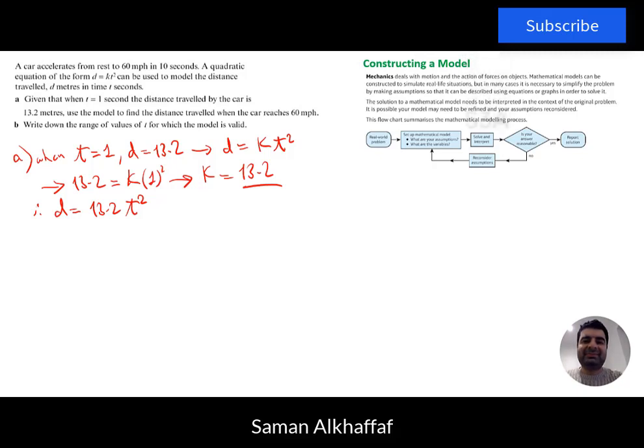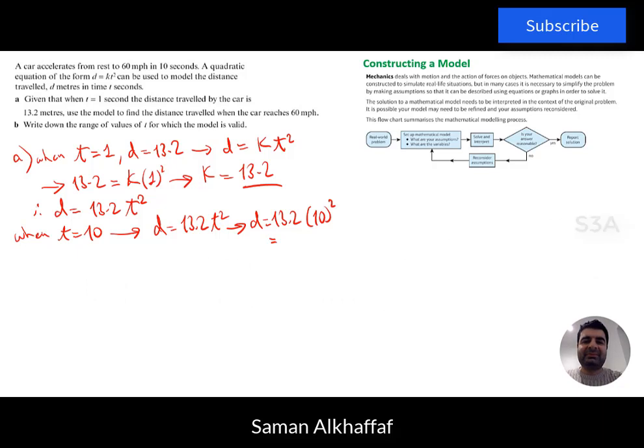So if we want to find it at 10 seconds, we say when t equals 10, we have d equals 13.2 t squared. So we sub the 10 into the equation, so that will be d equals 13.2 multiplied by 10 squared.